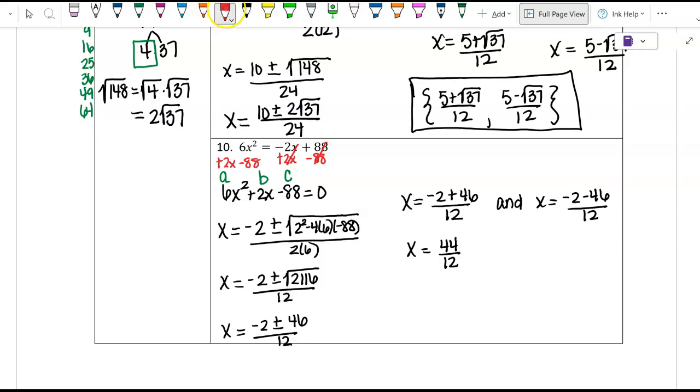That doesn't divide evenly, but they are both divisible by 4. So x equals 11 thirds. And then the other one, negative 2 minus 46 is negative 48 divided by 12, which means x equals negative 4. So we should have gotten 11 thirds and negative 4.